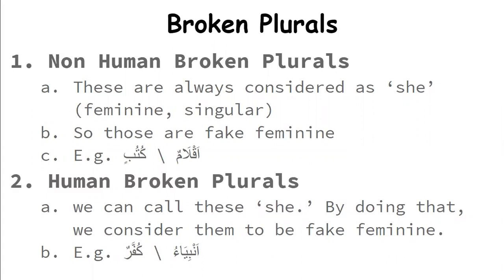Okay, so far we know two categories, right? What are those? There are two categories of feminine word: real feminine and fake feminine. In fake feminine we studied two categories. What are those? Word ending.